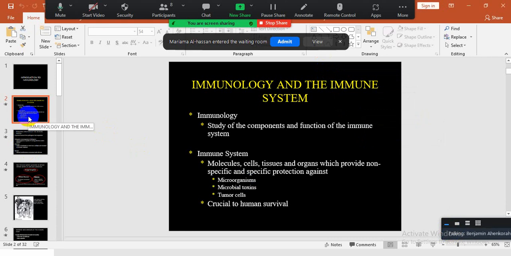Immunology and the immune system. Immunology is the study of the components and function of the immune system.